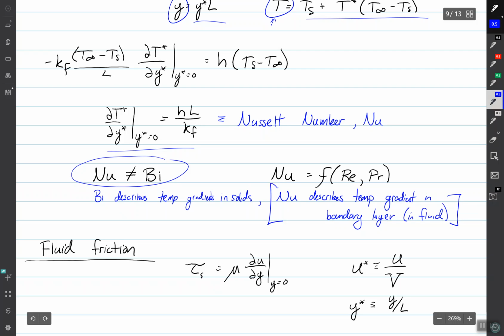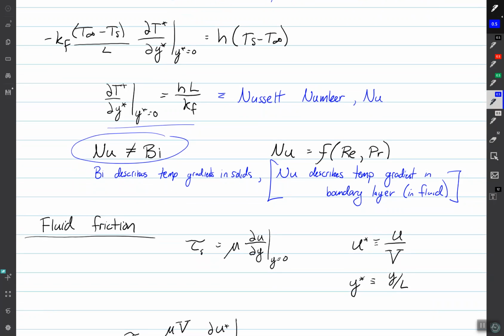So that's where they differ. The Biot number is talking about the solids. The Nusselt number is talking about the temperature gradient in the liquid, and it's at a given point on the surface.